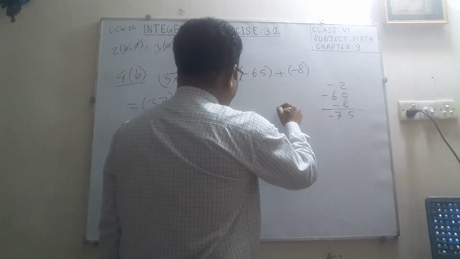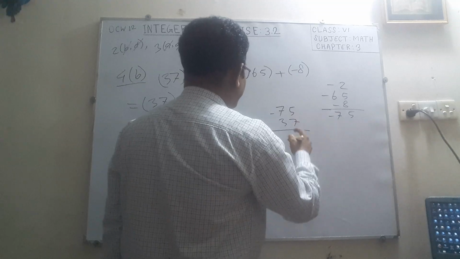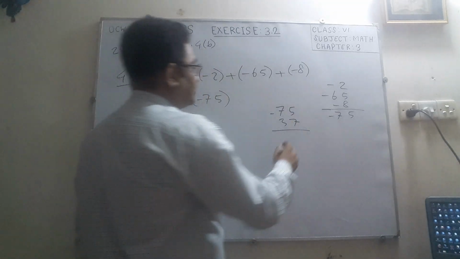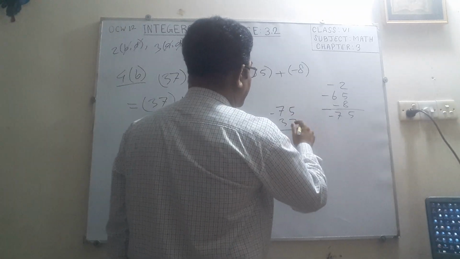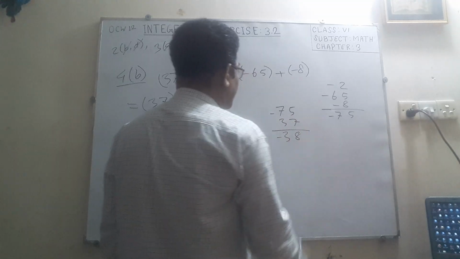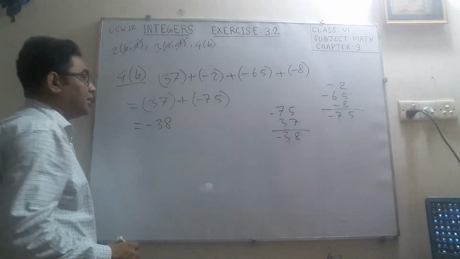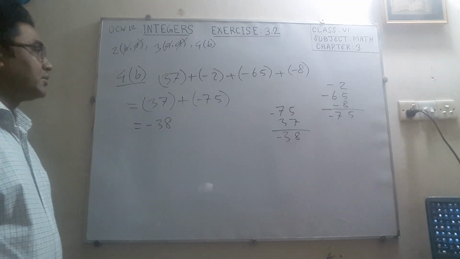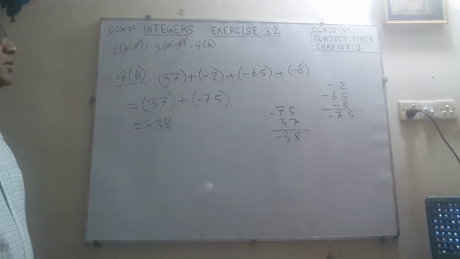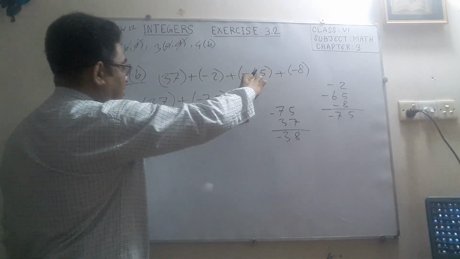And how much? 75 minus 37 is 38. So what is the addition for this? What is the sum?